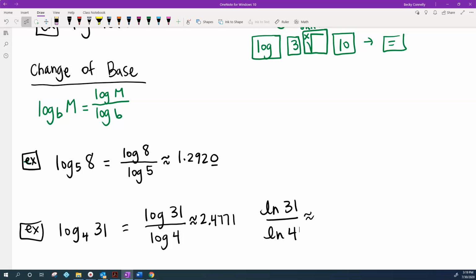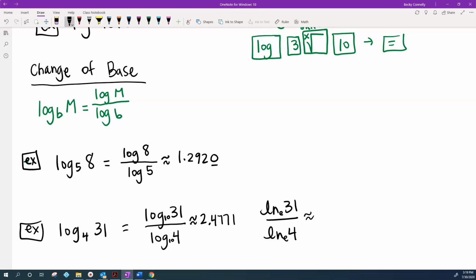Yeah, you should get the same thing. And the reason why is because, as long as we're dealing with the same base, on this first one this is the common log, so they're both in base 10, right? And then on the natural log, they're both in base e.